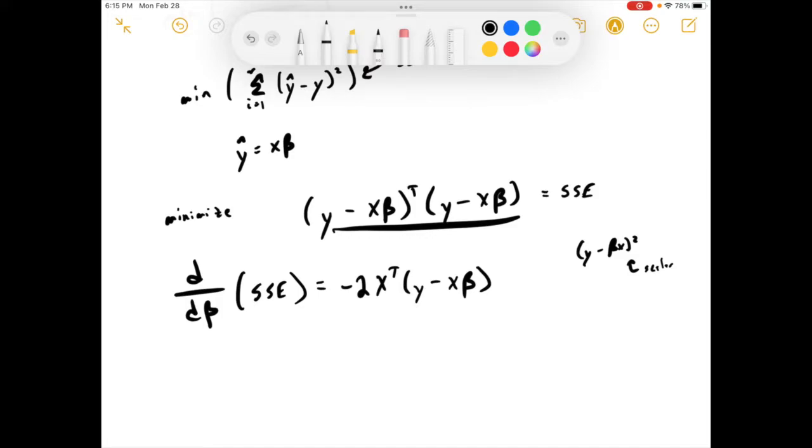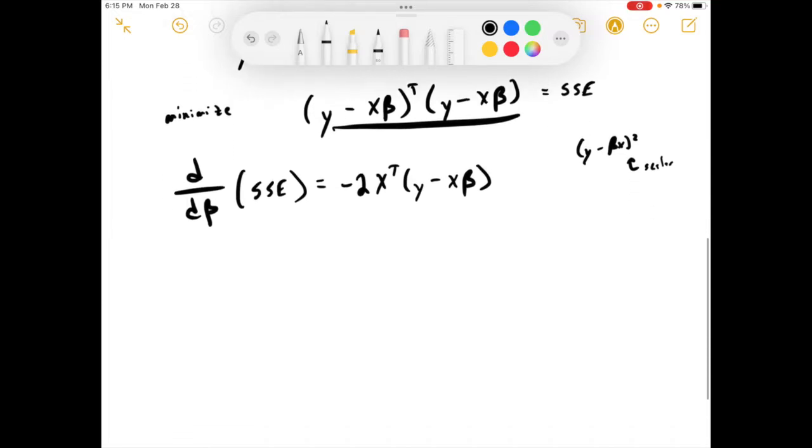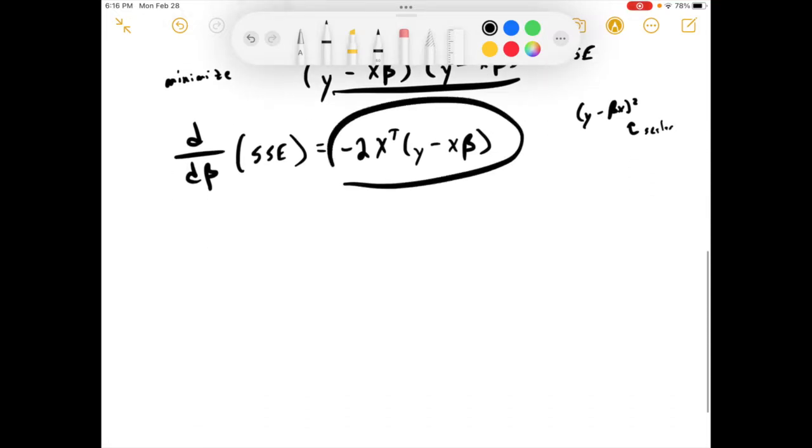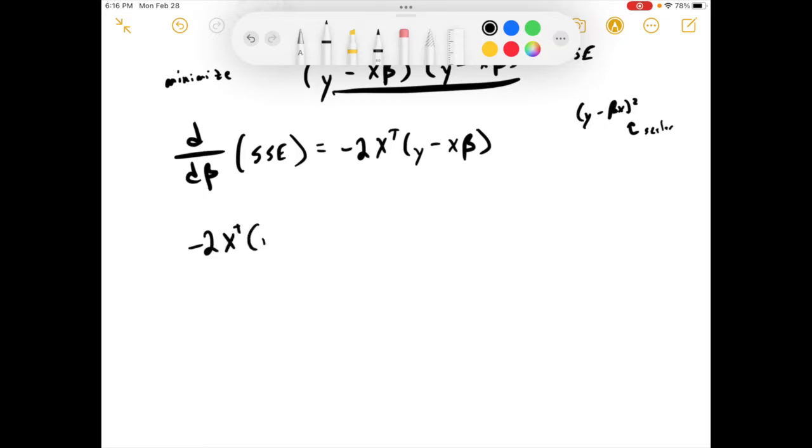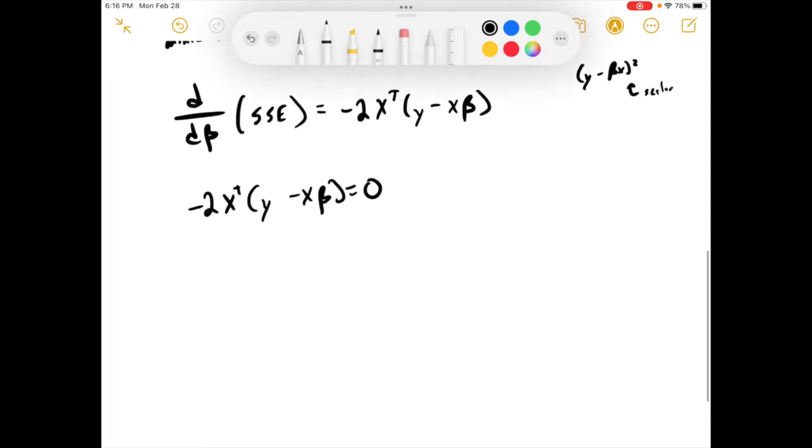And we can find the minimum just like we would in a beginning calculus class. We'll take this derivative and set it equal to 0. Negative 2x transpose times y minus x beta is equal to 0. And now we just want to solve for beta. So you can see the 2 is not going to make any difference there. Now we can't just move x transpose across because these are vectors. So let's multiply it through instead.